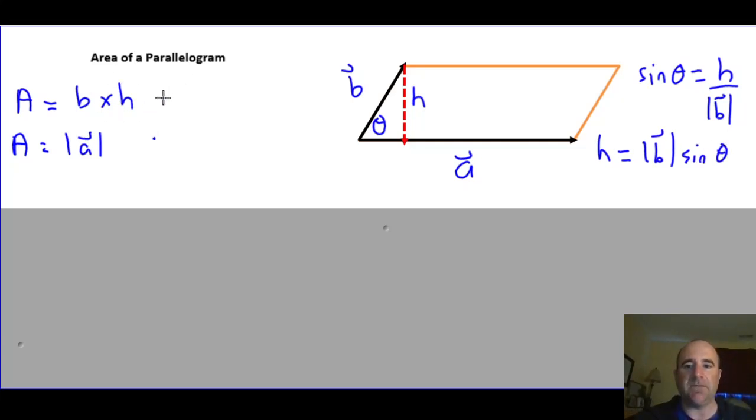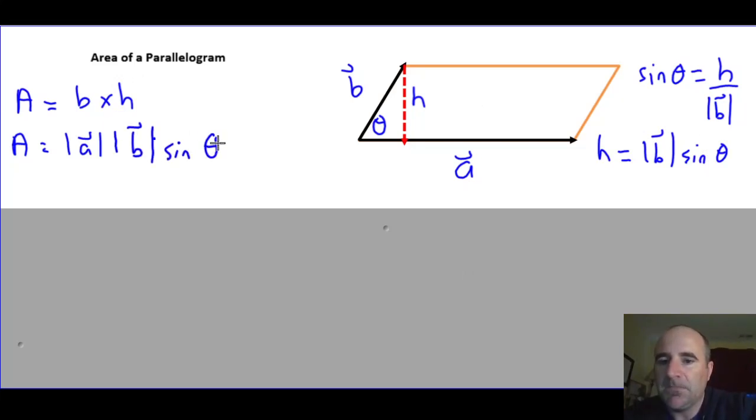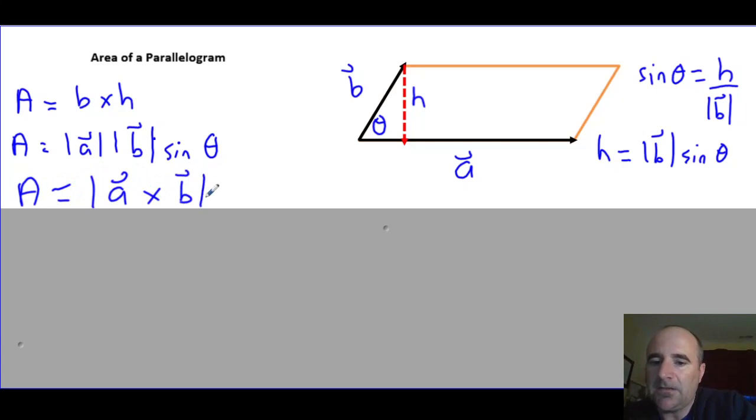And so I can replace that for H right here, and I get the magnitude of B times the sine of theta. Now, hopefully something interesting pops out to you here, because notice that this is the magnitude of the cross product. And I think that's kind of interesting.